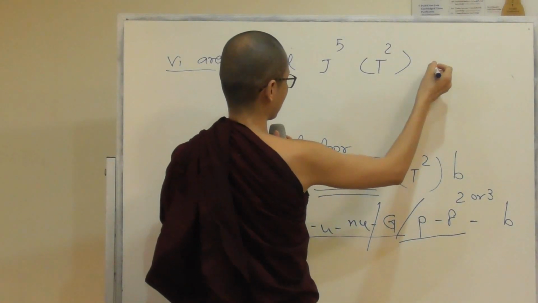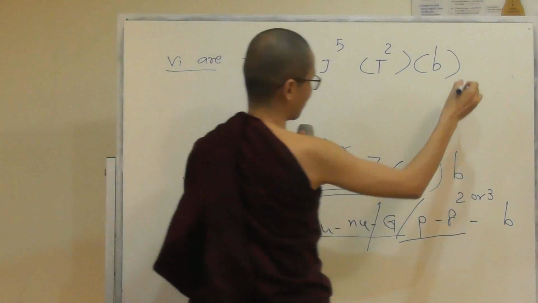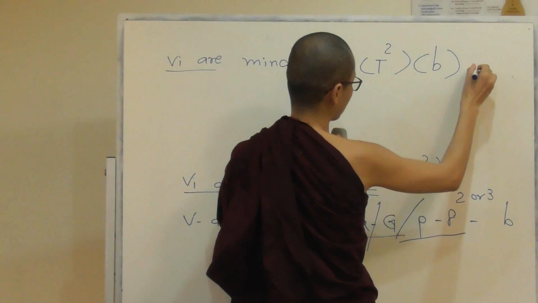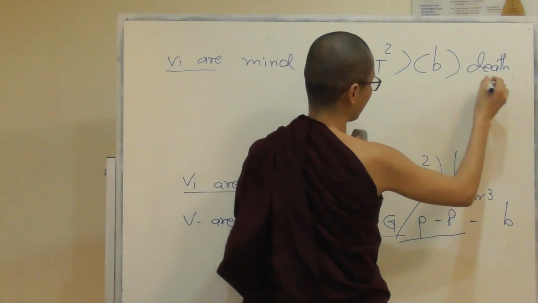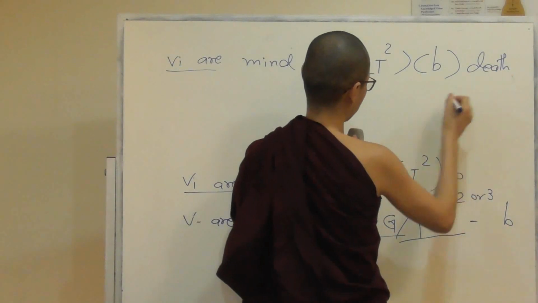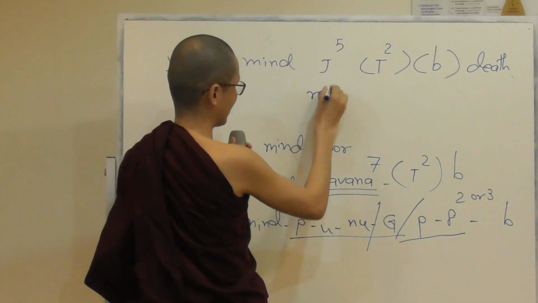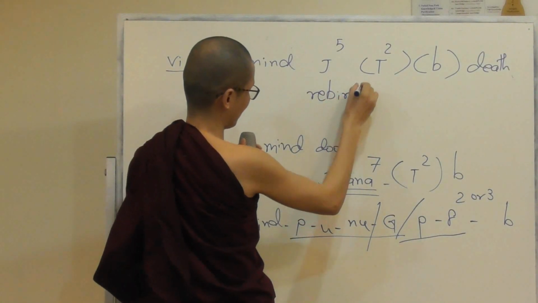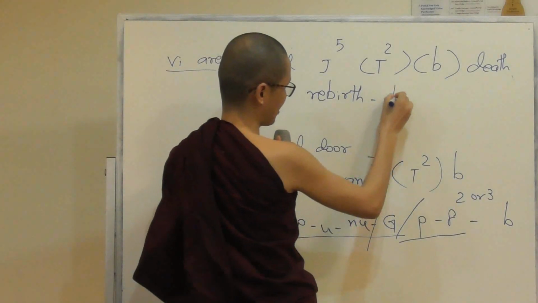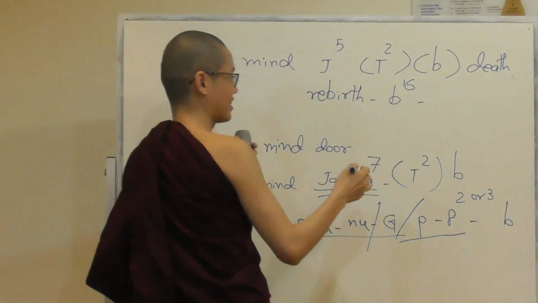After that, bhavanga, sleeping mind, may have, may not have. After that, chuti, we call it chuti, death. Death moment. After that, a new life. Patisandhi, we call it rebirth. After that, sleeping mind, 16 times, like that. It is a new life.